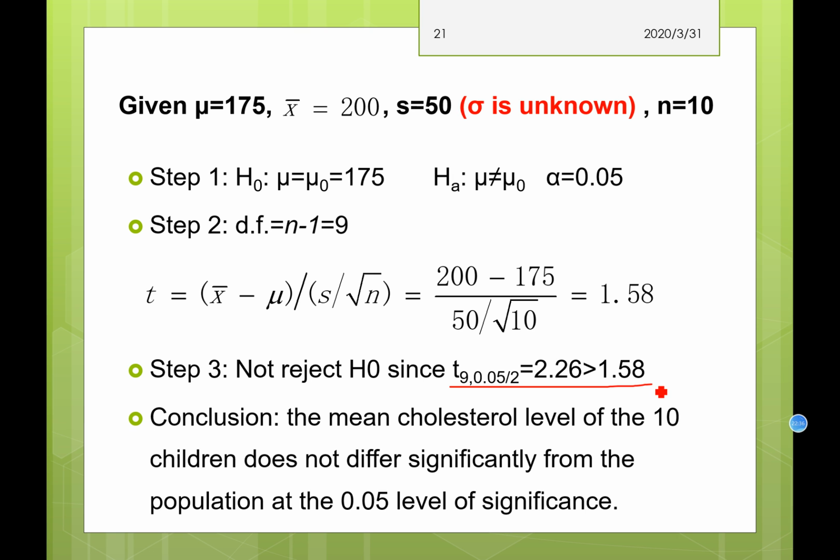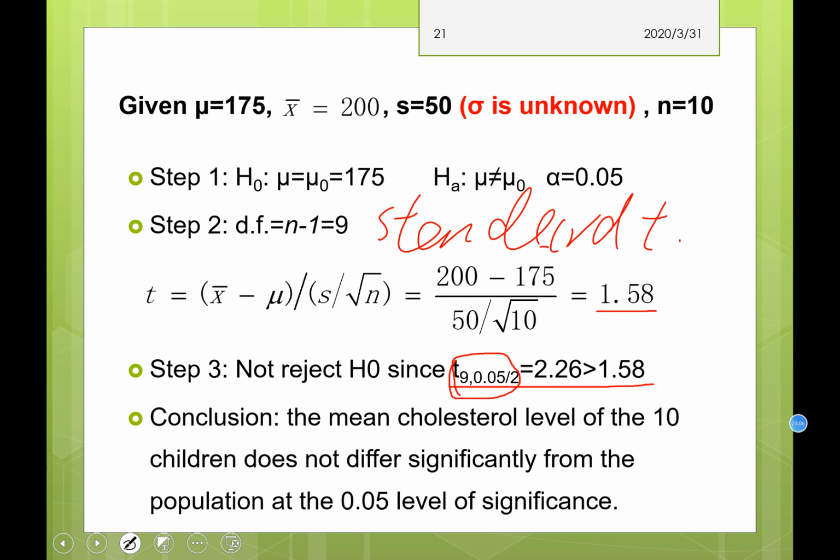This is the second way. So here we find that this is the t value we calculated with the data given in the question, and this is another t value. So what's the meaning of this one? I call it the standard t value. So what's the meaning of that? Let's think about it.